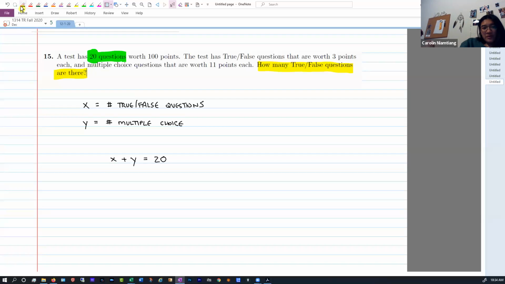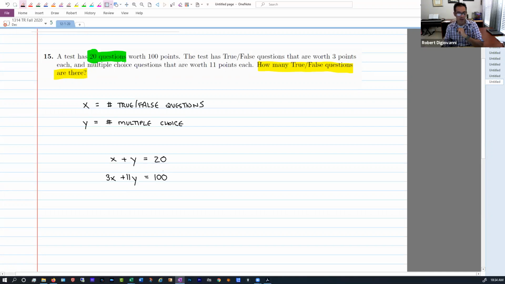Would it be 3x plus 11y equal to 100? Perfect. Okay, very good. So the idea here is that each true and false question is worth 3 points, right? So we put a 3 in front of X. X is the number of true and false questions.